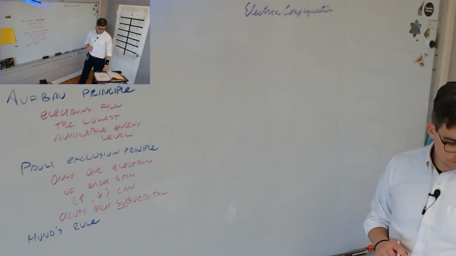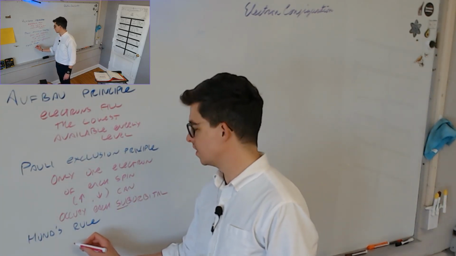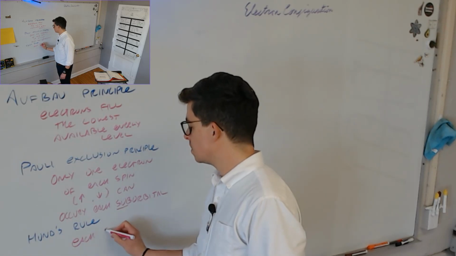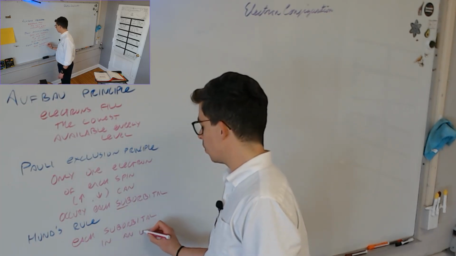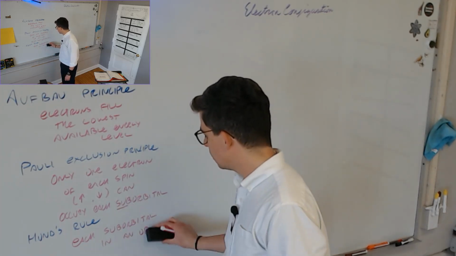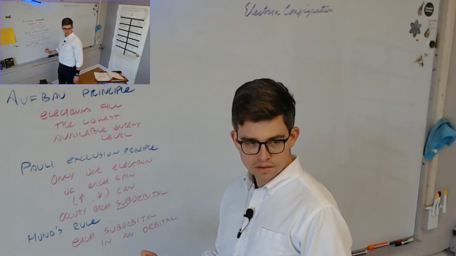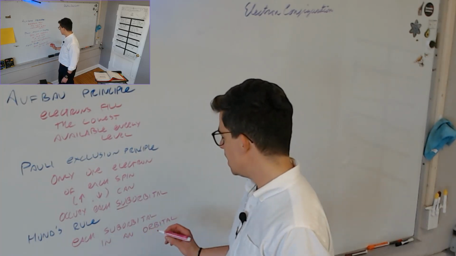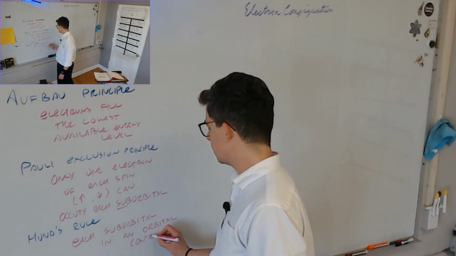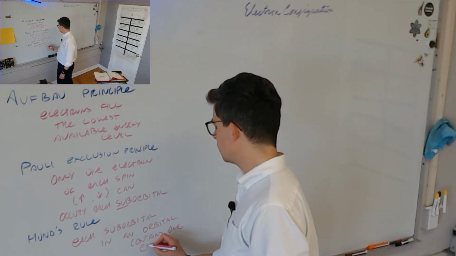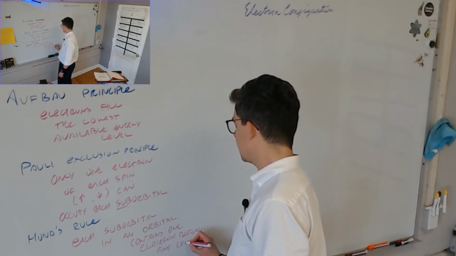And then Hund's rule, which is that each suborbital in an orbital contains 1 electron before any contain 2.